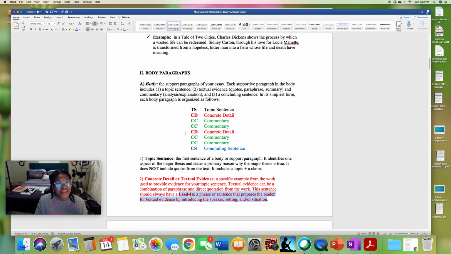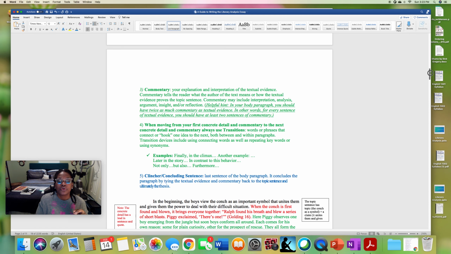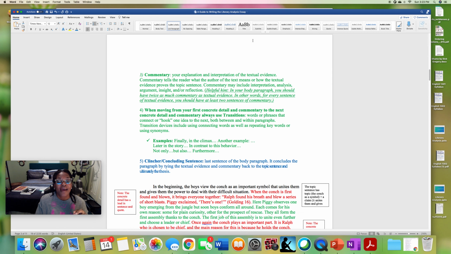You are going to then add another piece of evidence in order to make this a full body paragraph. One more piece of evidence. It could be 1 sentence or 2, but you're going to follow the same instructions. You are going to have a lead in, and you are going to put a quote. But before you do, you are going to add a transition.